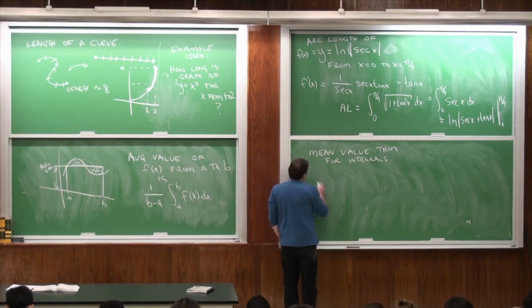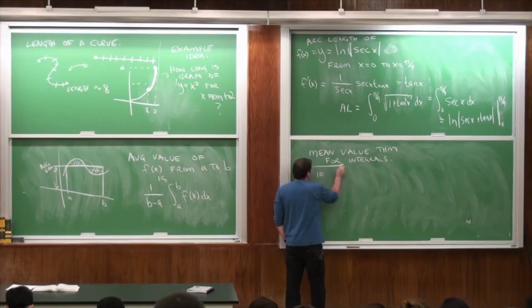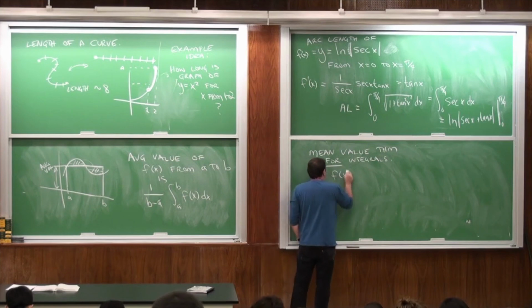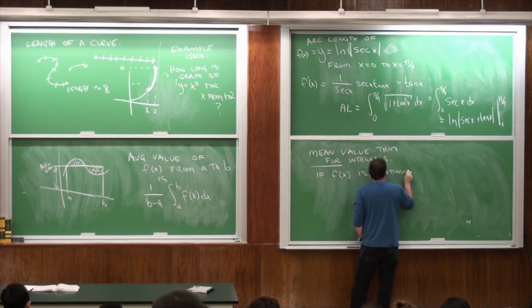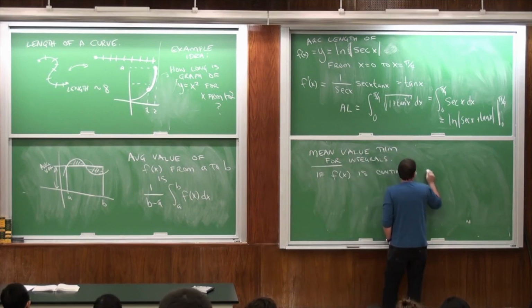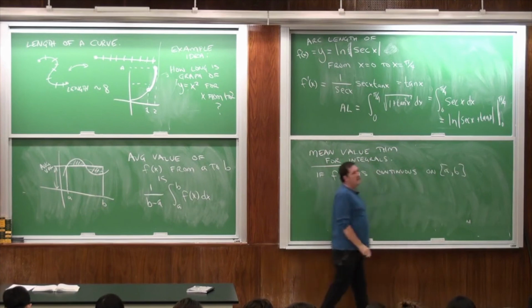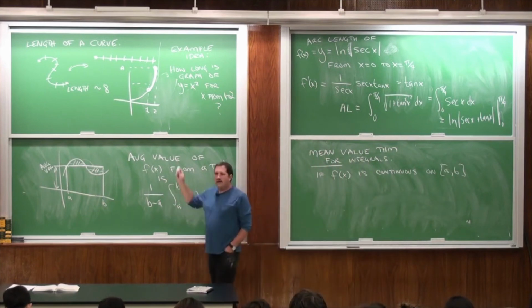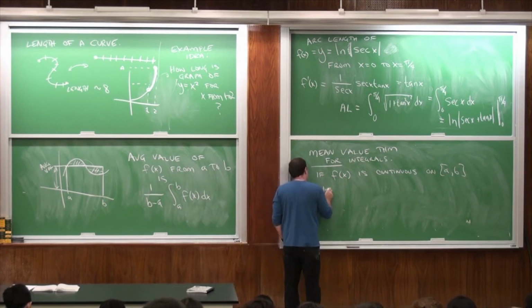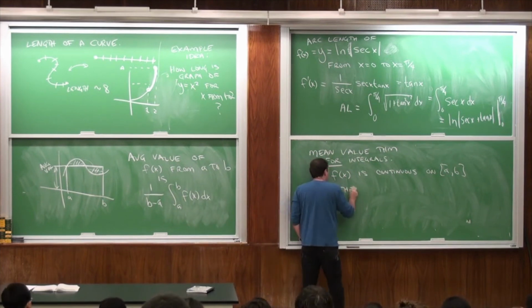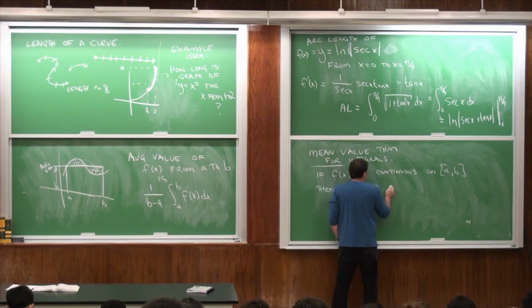It says that if I have a continuous function, so this looks like a nice curve, and there's something in between.